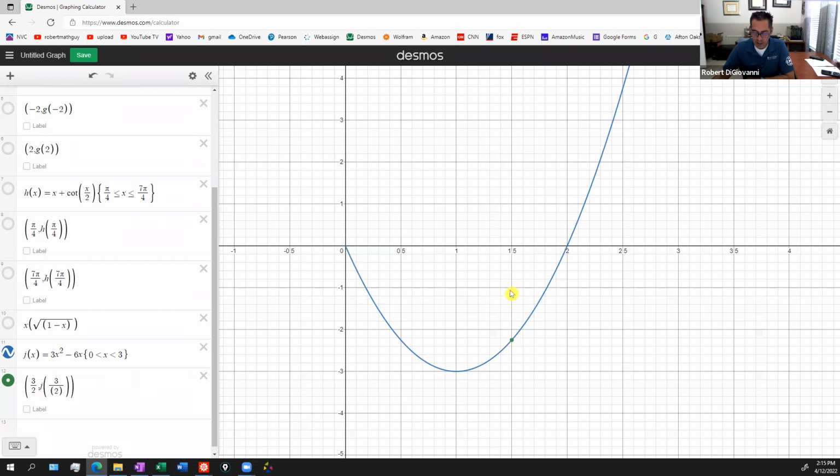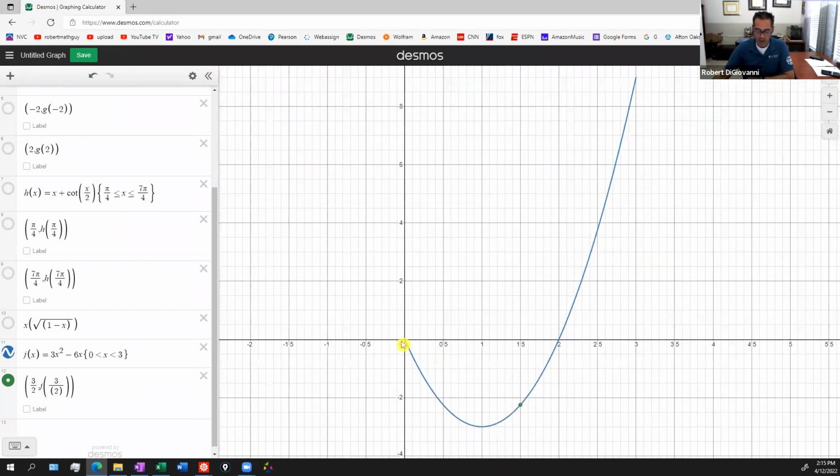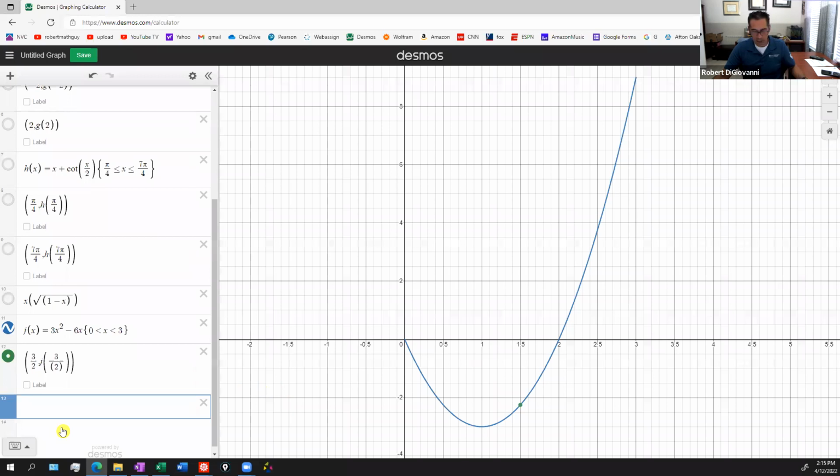When we plug in 3/2, 1.5, it spits out this point. We have the line connecting the two endpoints together, here to here, right? And if I take the tangent line there, it should be parallel.